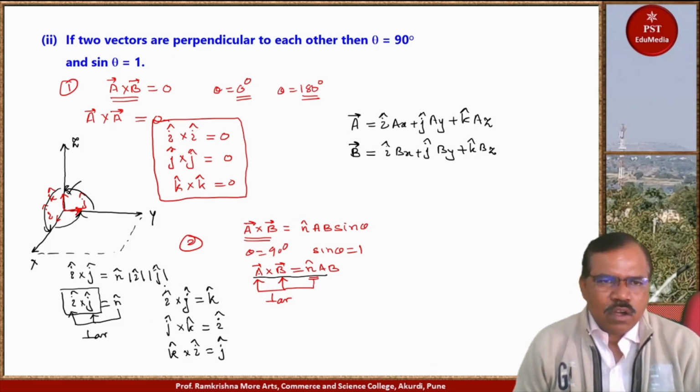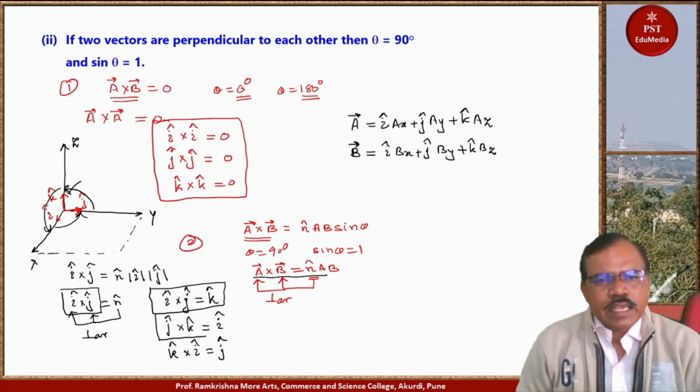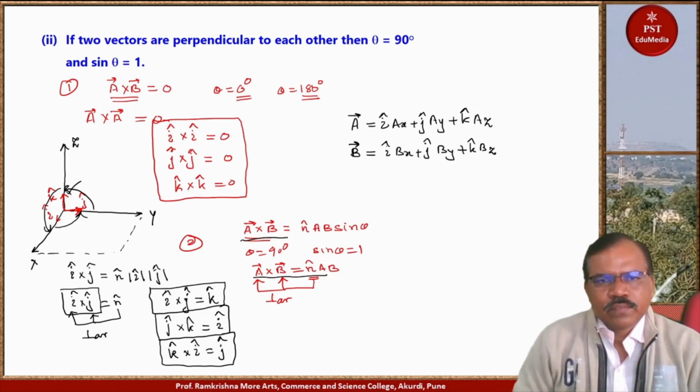So I cross J is k, J cross k is I, and k cross I is j. We have used this one, this one, and since they are perpendicular, we get this one.